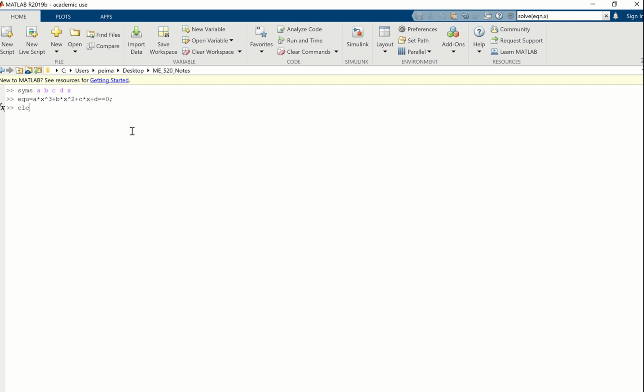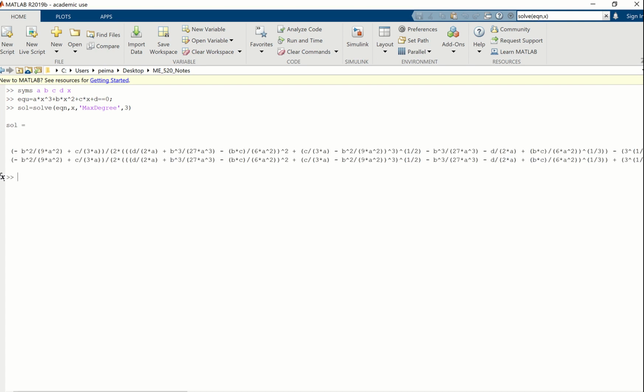Okay, so what you're gonna do, you're gonna use this command now. Okay, this is the new version of Matlab. Now this is the equation x that we had until this point. So if you say max degree 3, because it's a third order system, you're gonna get this solution.